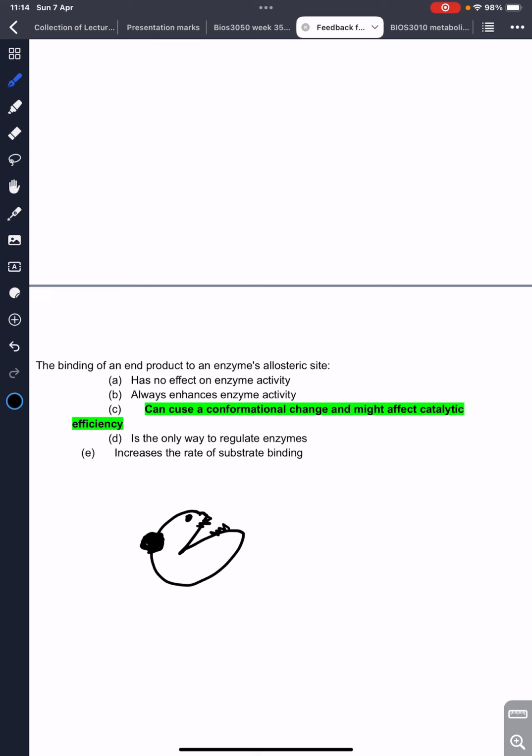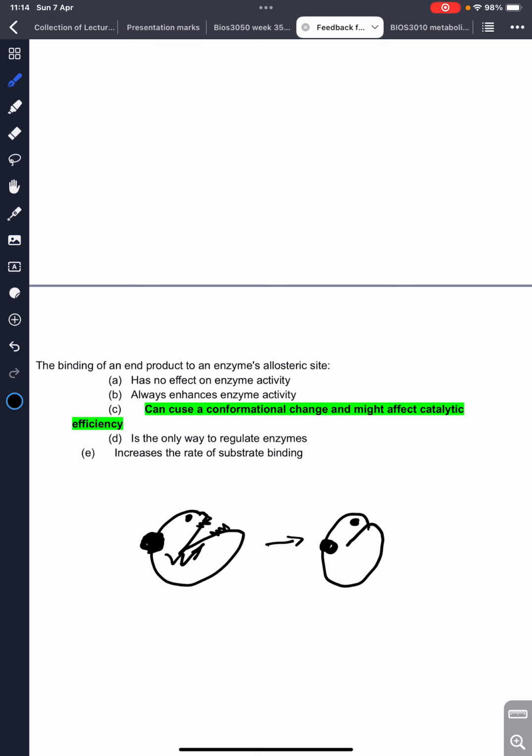When this binding occurs, this bound effector initiates a conformational change in the enzyme. It could, for example, close the active site, or it can make the active site more accessible for the substrate.